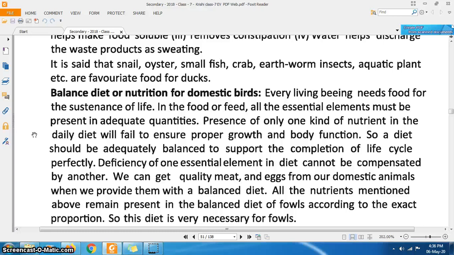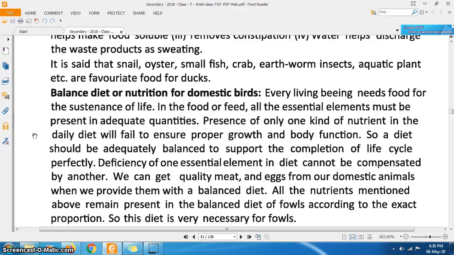Presence of only one kind of nutrient in the daily diet will fail to ensure proper growth and body function. So, a diet should be adequately balanced to support the completion of life cycle perfectly. Deficiency of one essential element in diet cannot be compensated by another.